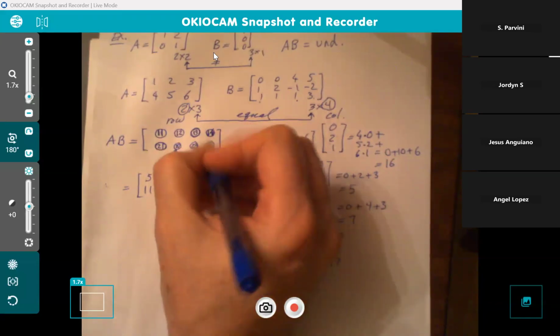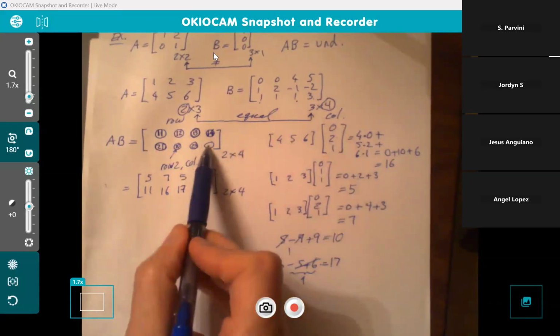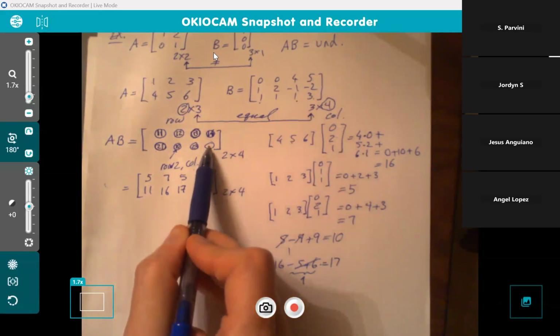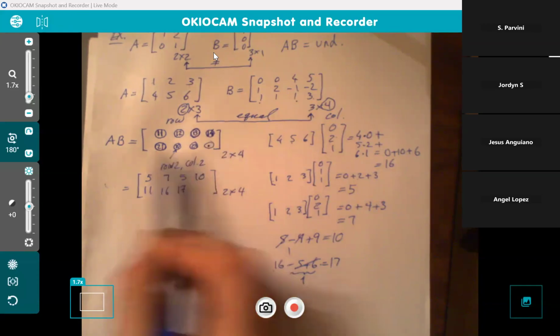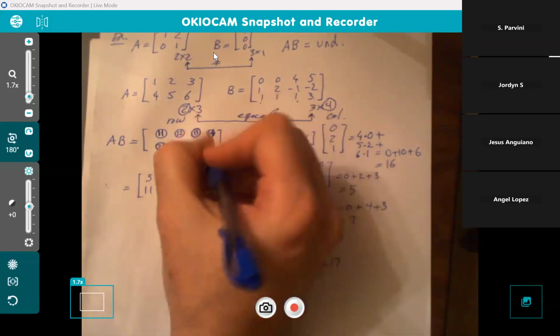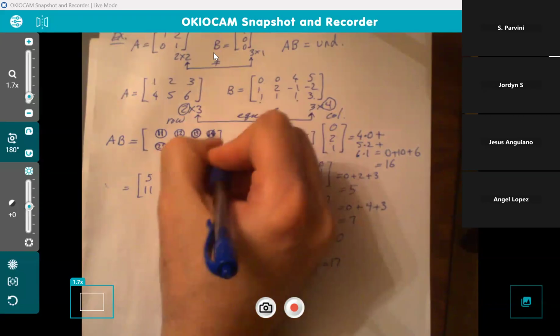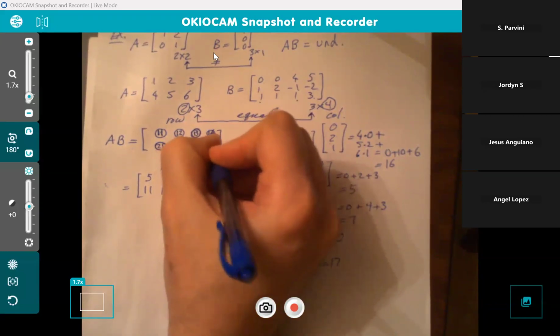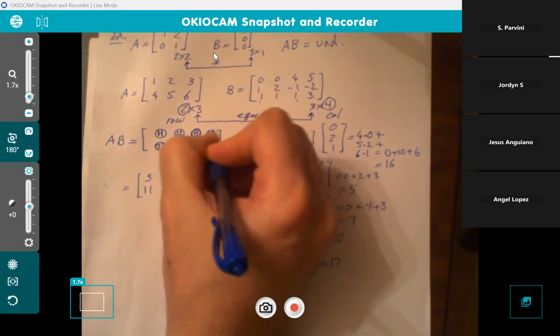This product, what's the address for that element? Where is it located? Second row, fourth column. Thank you. So this would be 2, 4, right? Second row, fourth column. So you see how it helps us, folks?